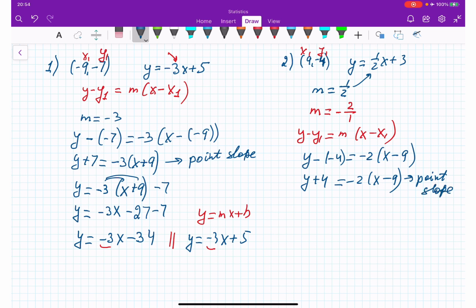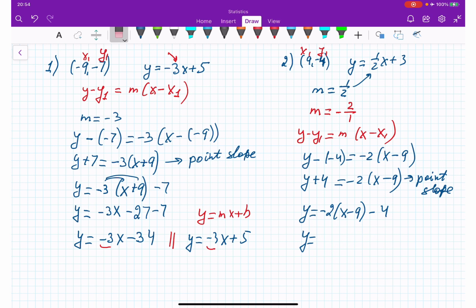To get slope intercept format, we need to find y, which is going to be y equals negative 2 times (x minus 9) and minus 4, because I move 4 to this side, which will be negative. So from here, y is equal to negative 2 times (x minus 9), let's open it actually.